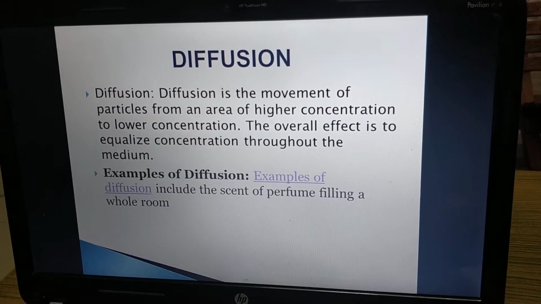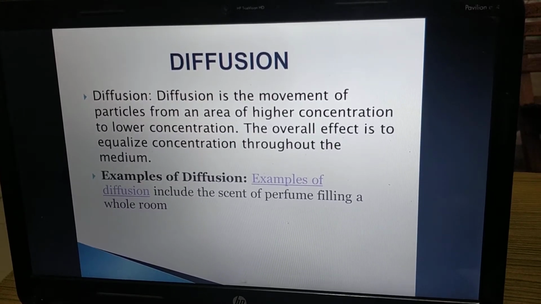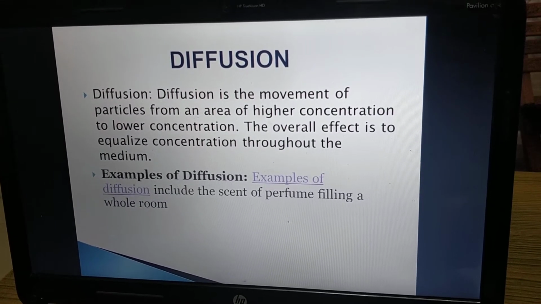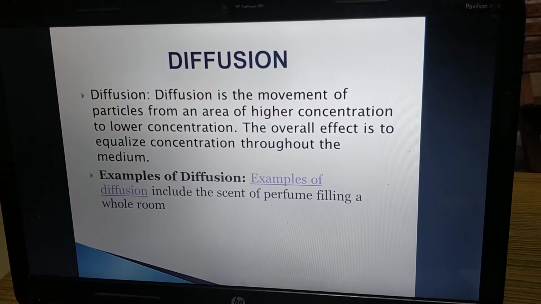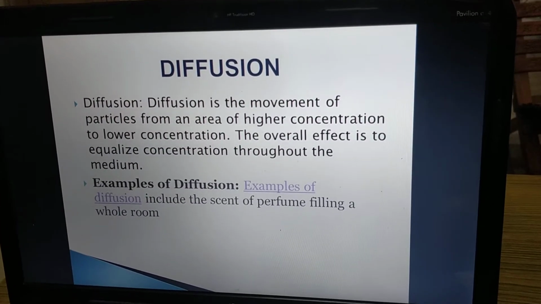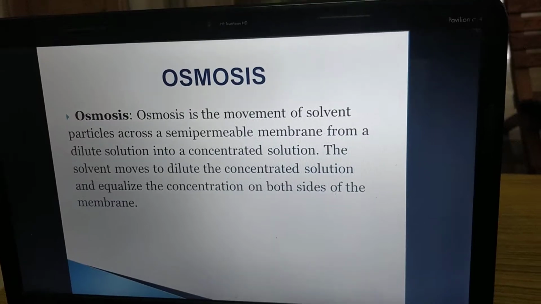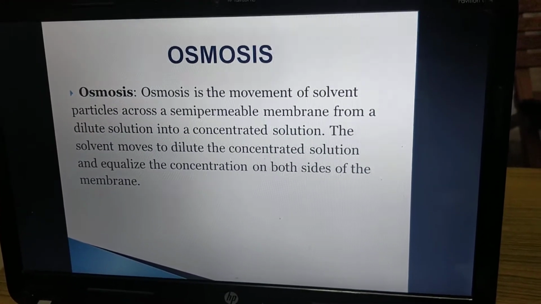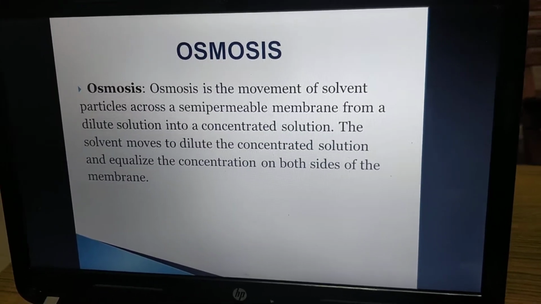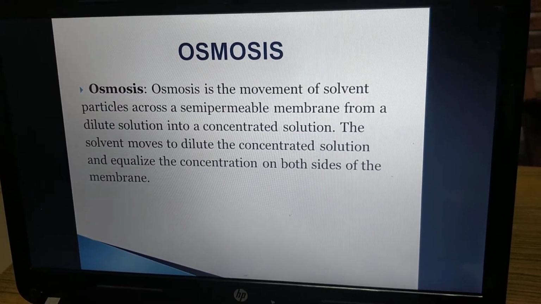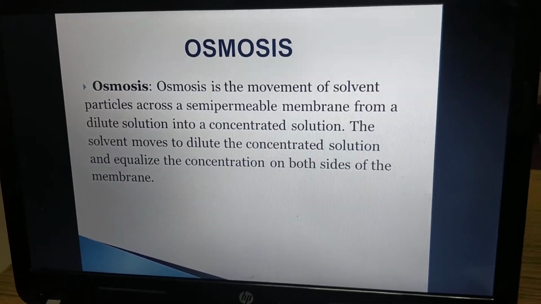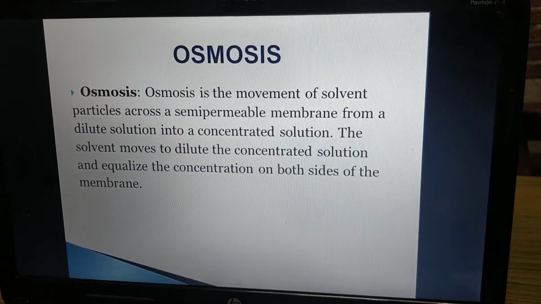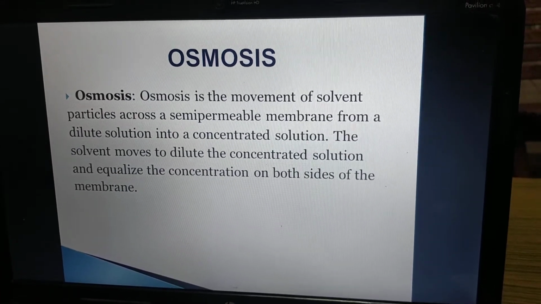Water also moves through diffusion, but when water moves through a semi-permeable membrane, it is called osmosis. So osmosis is a special type of diffusion where movement of solvent, or you can say movement of water molecules, occurs across a semi-permeable membrane from a dilute solution to a concentrated solution.